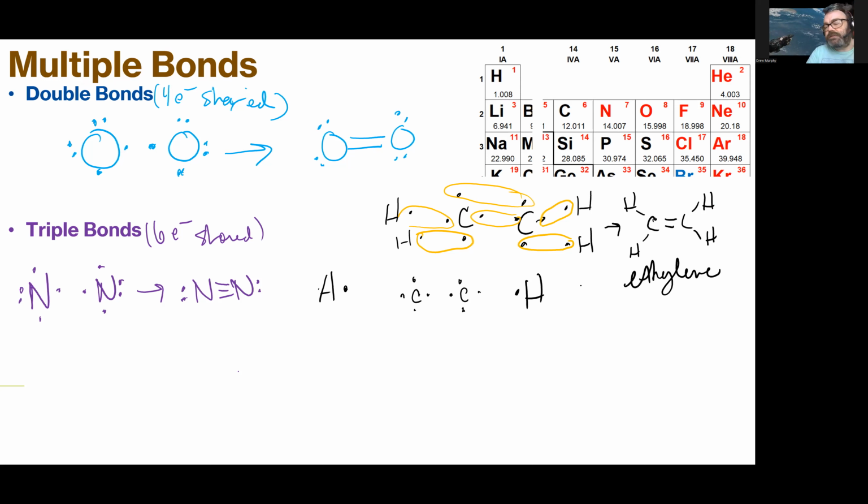Again, each hydrogen can grab 1 electron from the carbons, so this and this, and then each carbon has 3 unpaired electrons, which lines it up perfectly for a triple bond. So acetylene would look like this. And they're all triple bonds, they're all sharing 6 electrons when we do that.